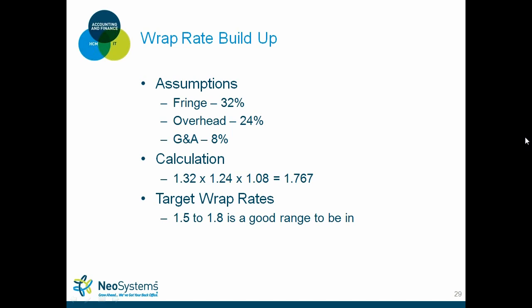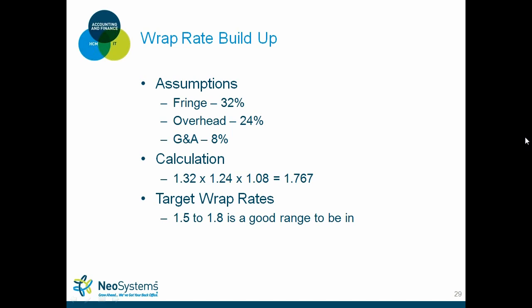Assumptions are fringe, just using the same percentages: fringe, overhead, and G&A. The calculation is 1.32 times 1.24 times 1.08, which gives you a total wrap rate of how much the employee costs you. So in this example, it's 1.767, and it's in the middle towards the higher end of what's a good range to be in nowadays for RFPs.